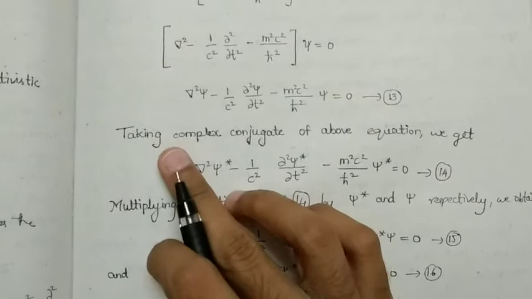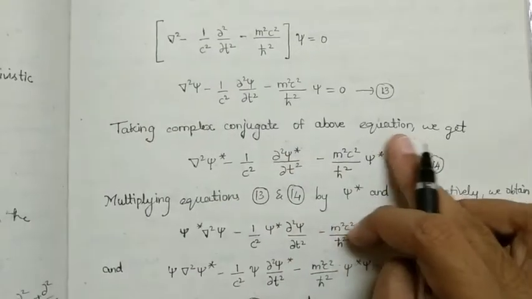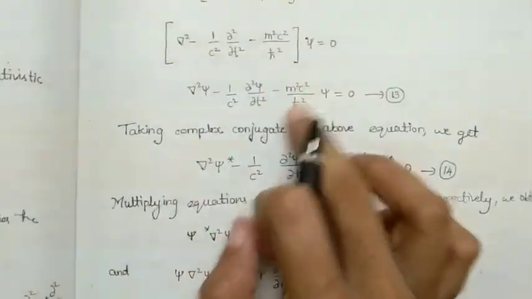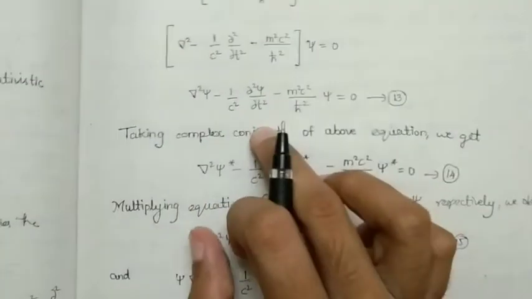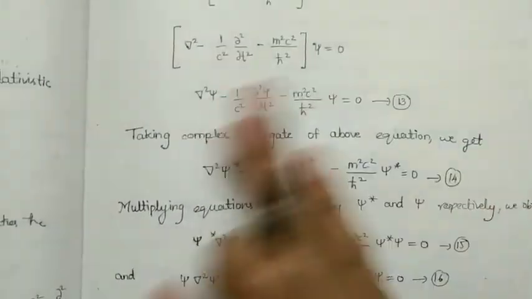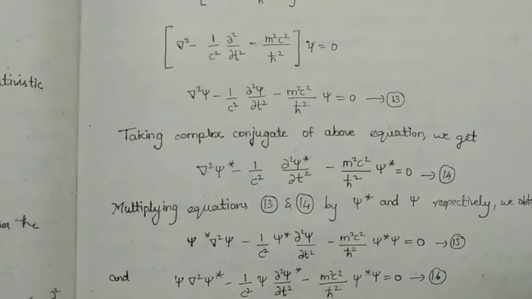Now what we have to do is take the complex conjugate of this equation on both sides.